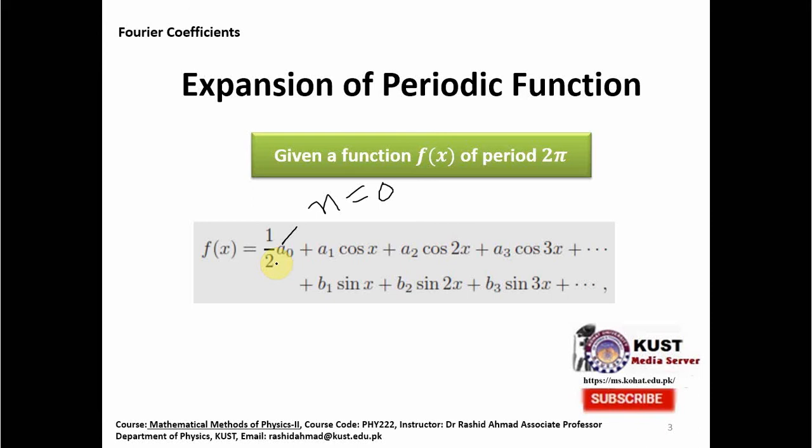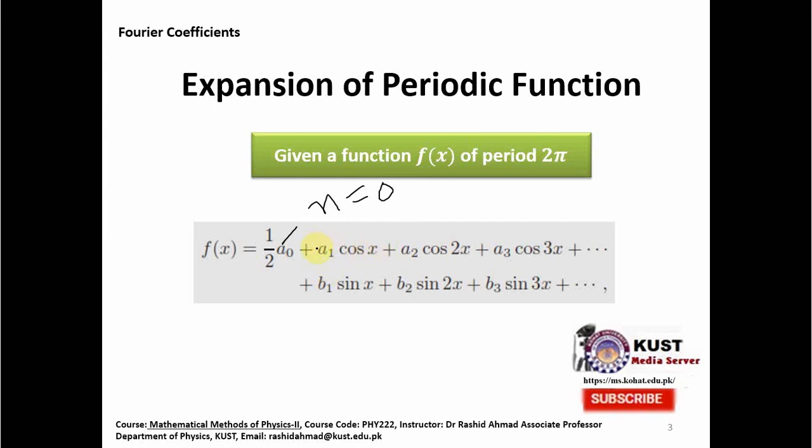At the end you will see that if we had not chosen this cofactor equal to 1 over 2, then we could have an ugly term there. In order to avoid this, we have made this convenient choice of 1 over 2 in advance. Then the next term in the series is the cos term, and since n is equal to 1 here, we get a1 cos 1x.